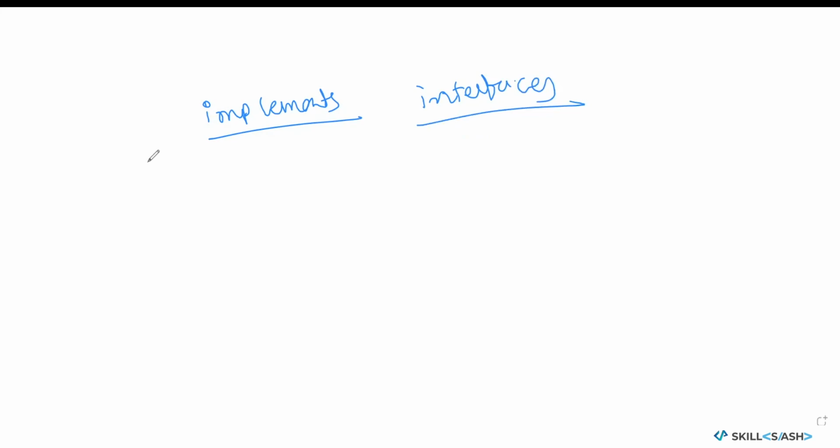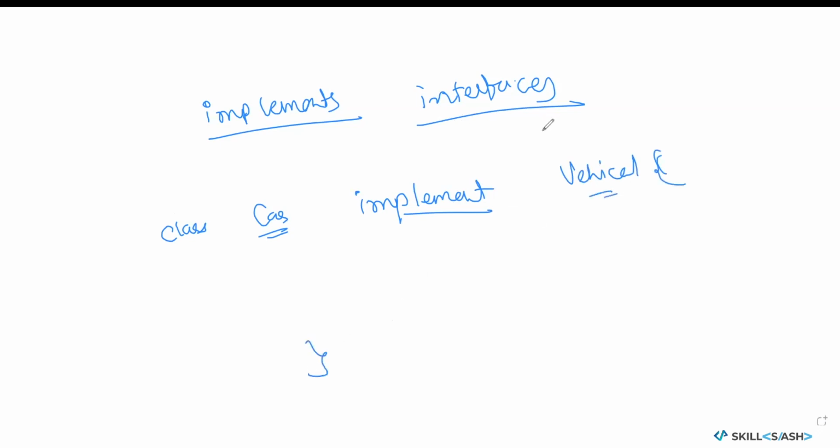That means if I've created interface vehicle, and I'm using, let's say, class car, then car will implement vehicle. Got it? And whatever methods were in vehicle, like park and all those things, I can put over here with a body.